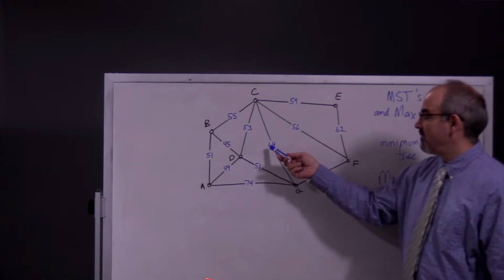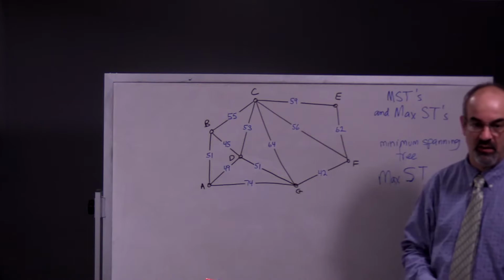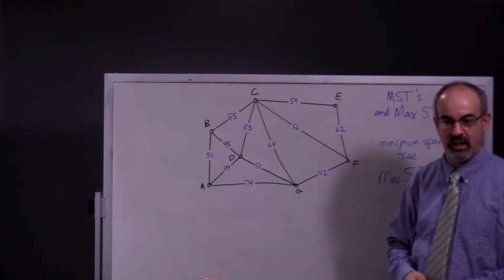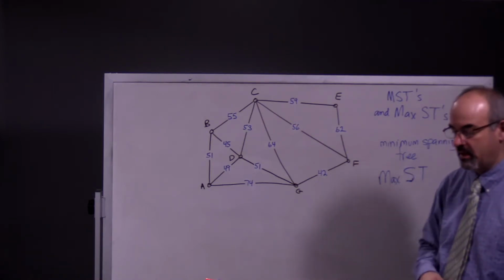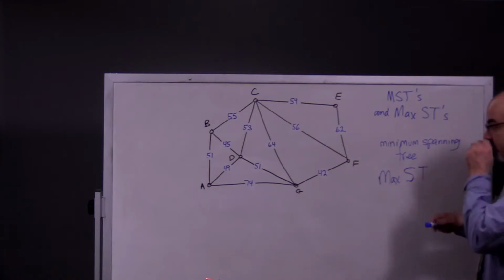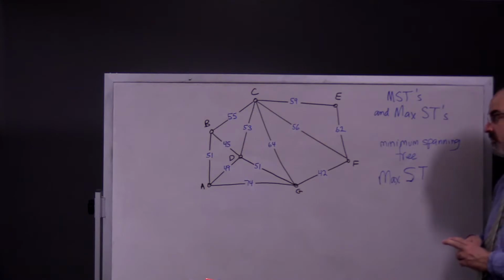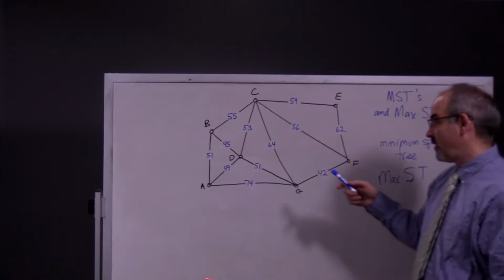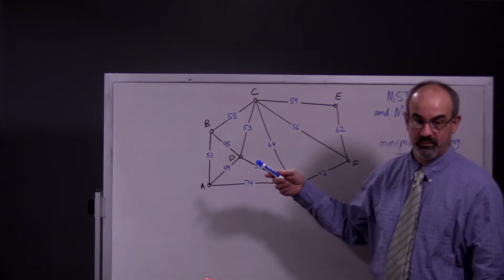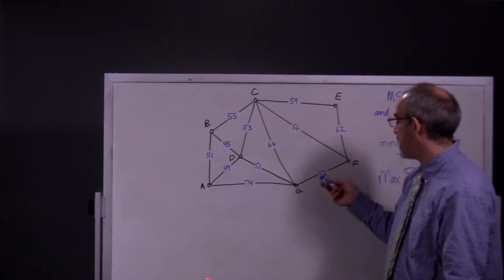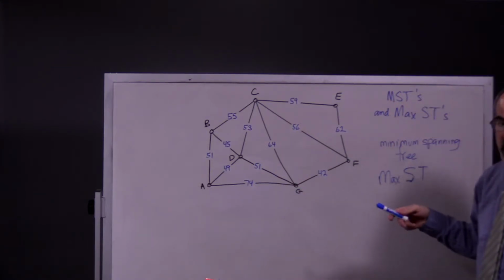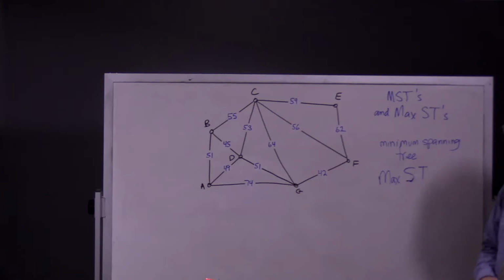So this 64 doesn't mean that they would have to spend $64 million. It means they'll make $64 million. So if that's what the model represented, you'd want to make a maximum spanning tree. If you're trying to go from the standpoint that this is a cost where you have to pay out, then you'd want to make a minimum spanning tree.